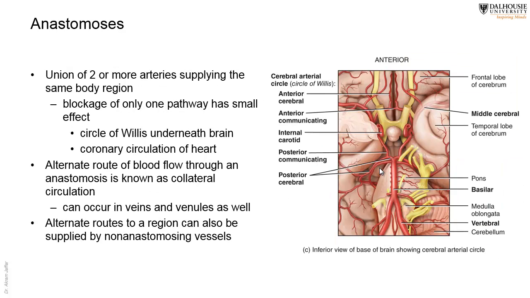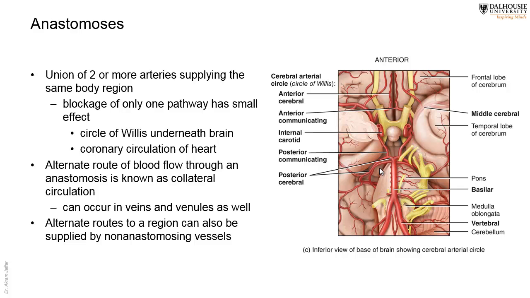Anastomosis, we mentioned something about anastomosis last time. So anastomosis is when two or more arteries supply the same structure or same body region, and they come to meet each other. So stoma is like mouth, so they are meeting each other mouth to mouth.